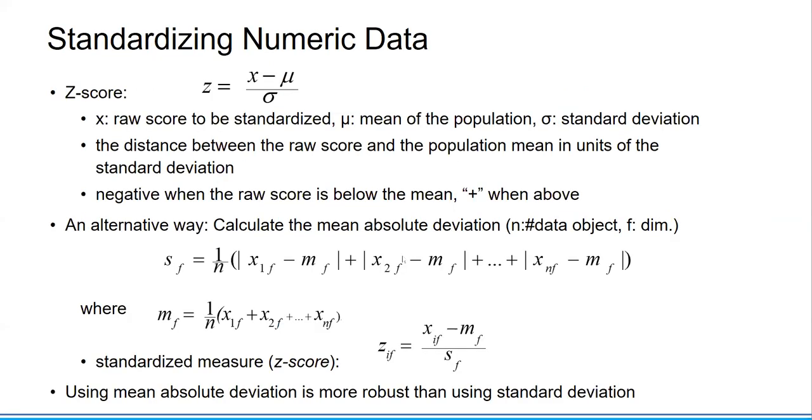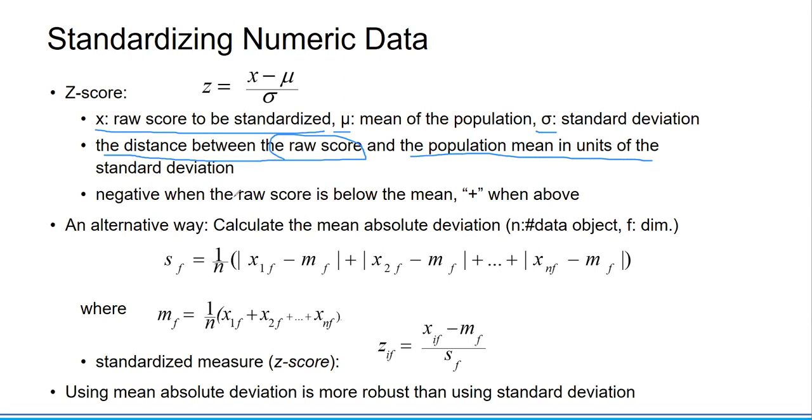So z-score normalization is a kind of standardizing the numerical data. If we want to make the standard of this numerical data, we can use the mu and the tau, and actually we can find the distance between the raw score and the population mean in units of standard deviation.